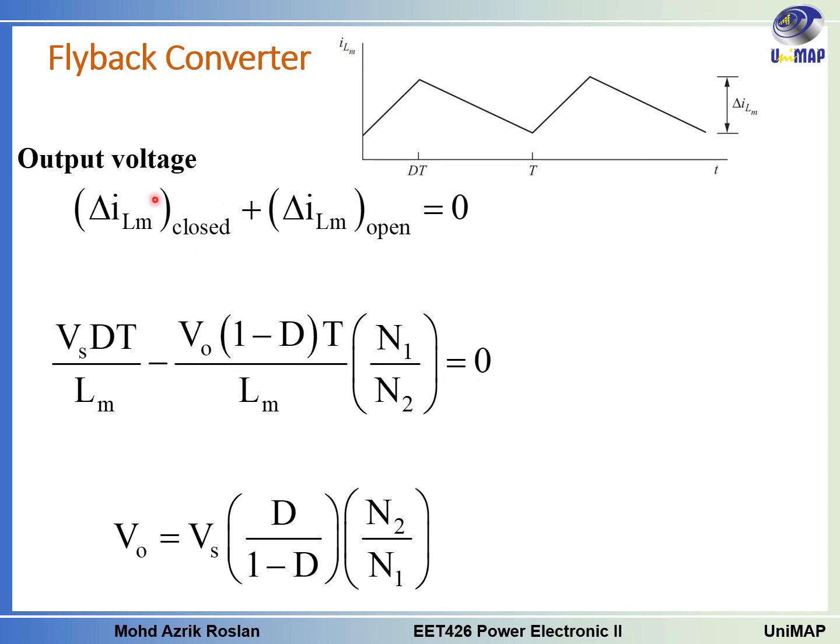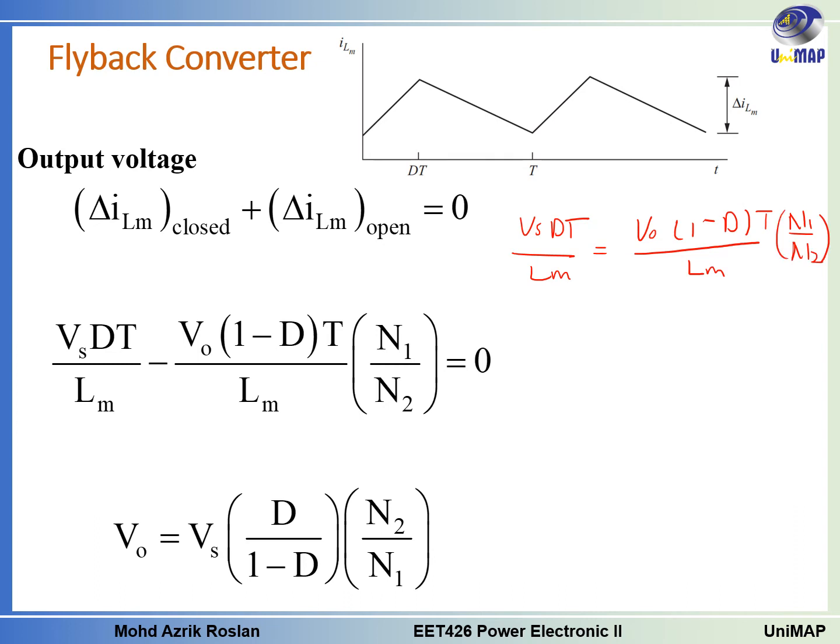Okay, and then from this equation we just plug in the values that we have, Vs dT over Lm minus the delta ILM when the switch is open equals 0. When we want to solve it, we can use the equation Vs dT over Lm equals V out times 1 minus d times T over Lm times N1 over N2.